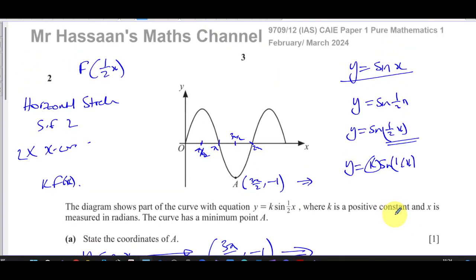This is a relatively new topic in the Cambridge syllabus, transformations of trig graphs, or transformations in general. I'm going to put a playlist over here linking to the rest of the questions from this paper, and another playlist which takes you to my Cambridge transformations and functions questions.